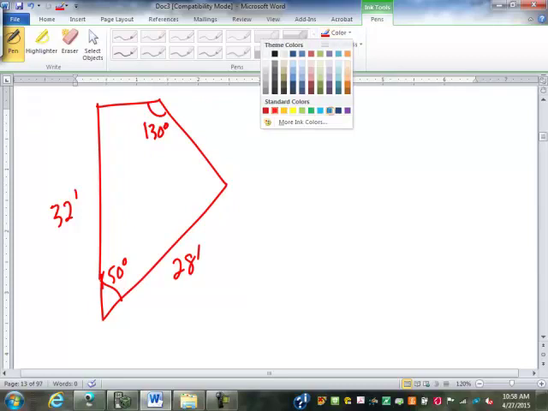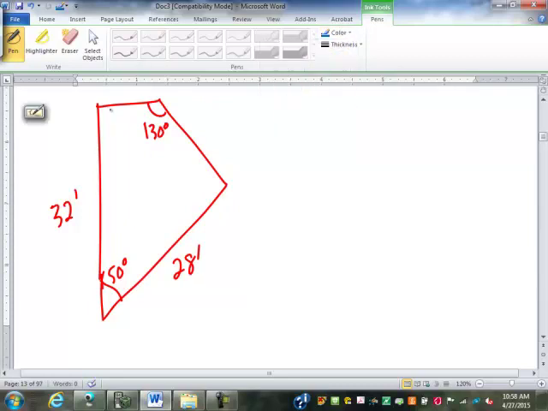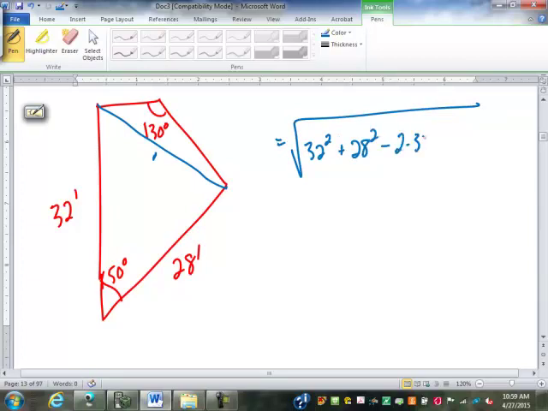What good does that do me? If I cut it across here, can I find that length there? You got it. I can use the law of cosines. That length there is going to be the square root of 32 squared plus 28 squared minus 2 times 32 times 28 times the cosine of 50 degrees.